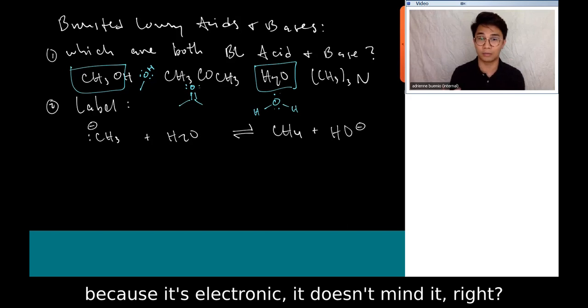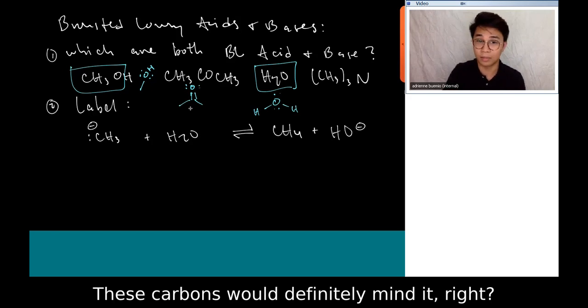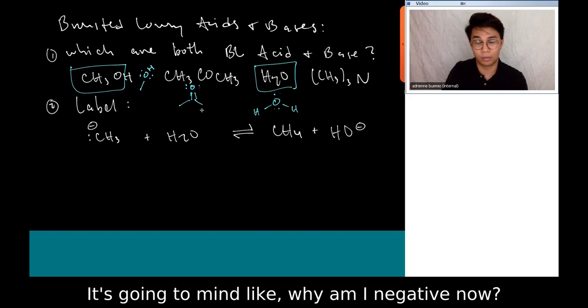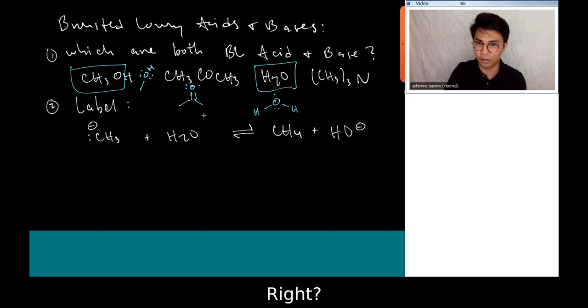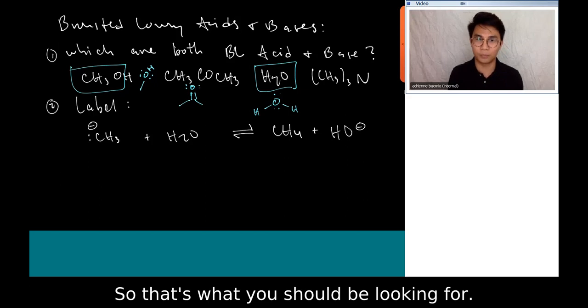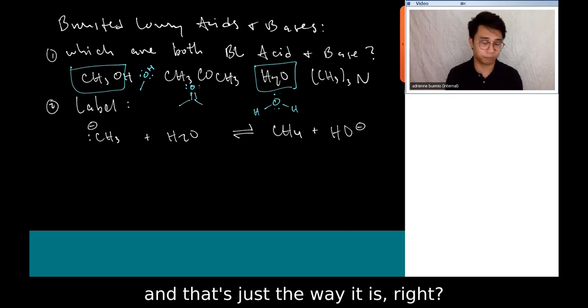It doesn't mind it, right? Compared to this one, these carbons will definitely mind it. It's gonna mind, like, why am I negative now? I was neutral. Why don't I stay neutral? So that's what you should be looking for. Most of the time, hydrogen bonds are an indication of acids, and that's just the way it is.